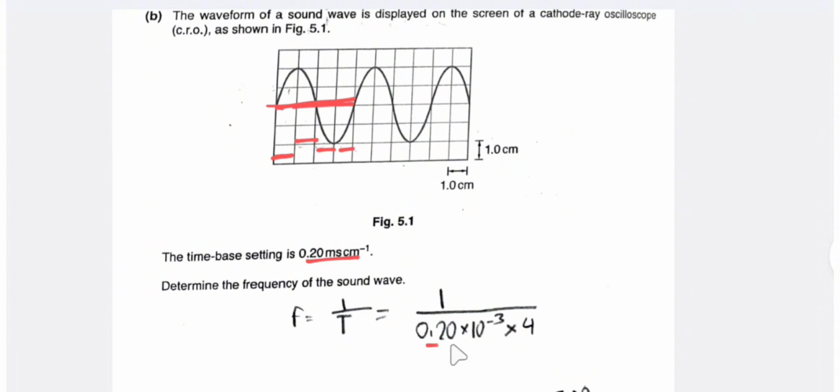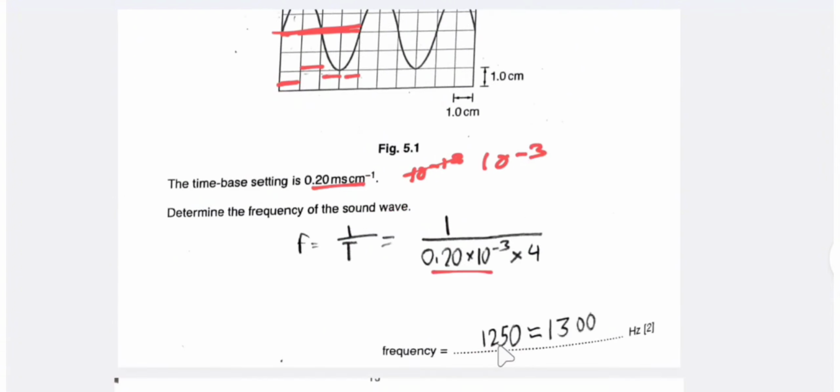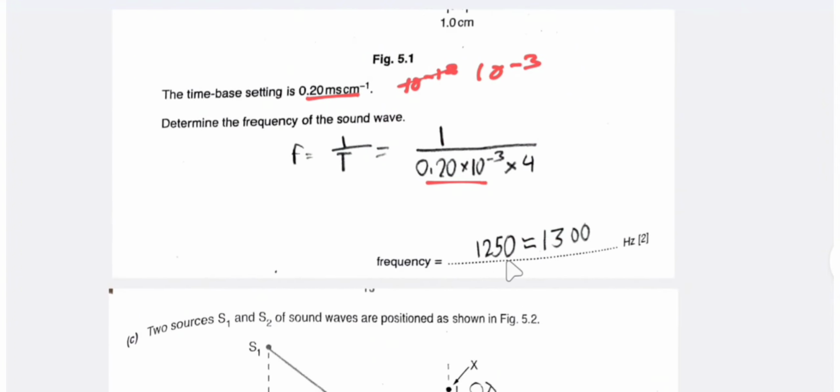So the time period is 0.20 milliseconds, and milli is 10 to the power minus 3, into 4 boxes. So 1 by the time period gives a frequency of 1250, or approximately 1300 to two significant figures.